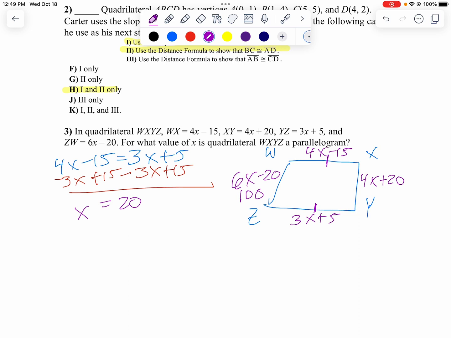And then we'd get 100 there. So then we have both pairs of opposite sides congruent. That would make a parallelogram. And there's your answer for number 3.